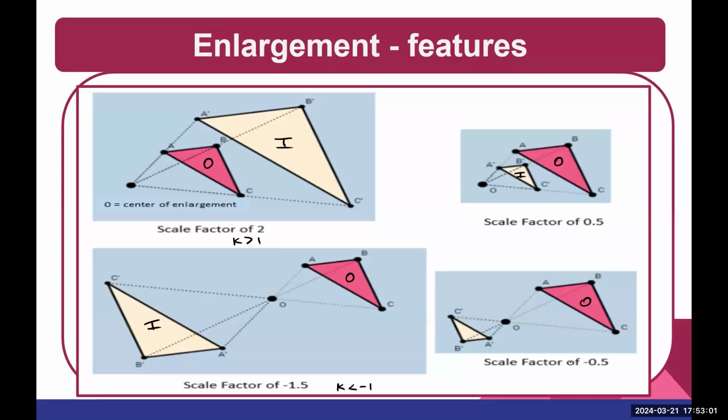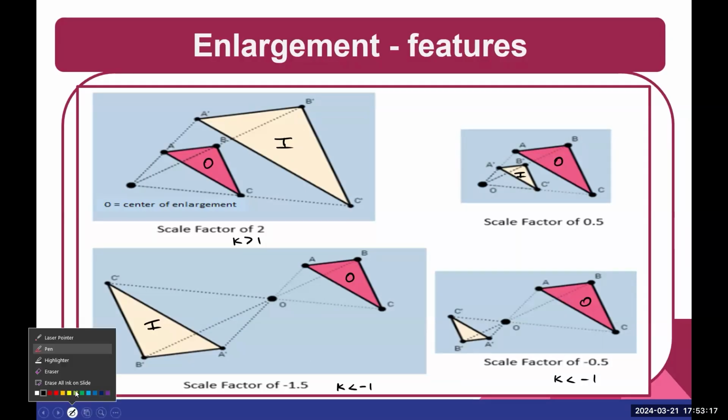So what if we have a scale factor between -1 and 0? So k is less than 0 and greater than -1. Let me fix that.